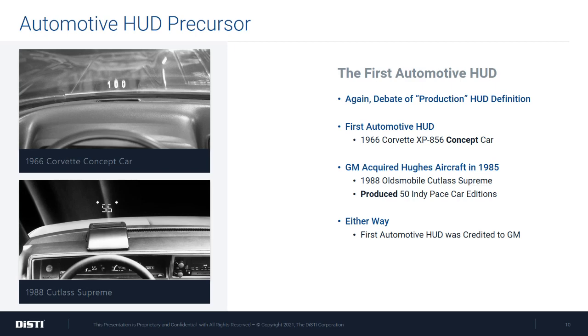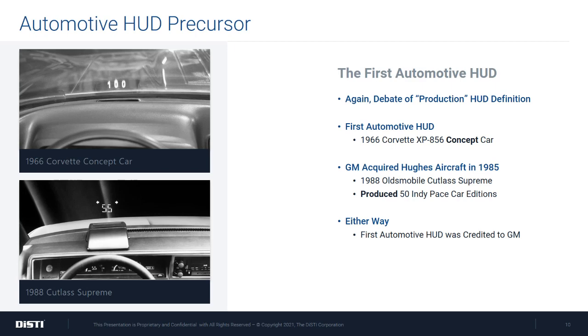Now, about 20 years after, GM acquires Hughes Aviation, and within a few short years after that, the Oldsmobile Cutlass Supreme in 1988 produced 50 Indy pace cars with a built-in HUD.